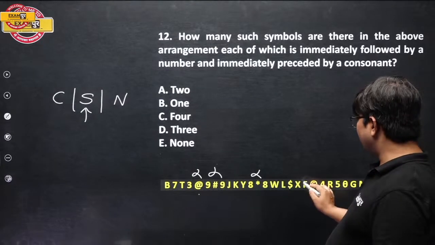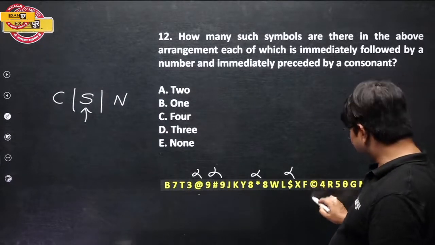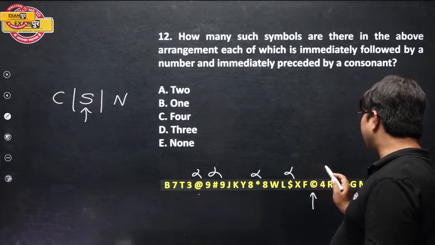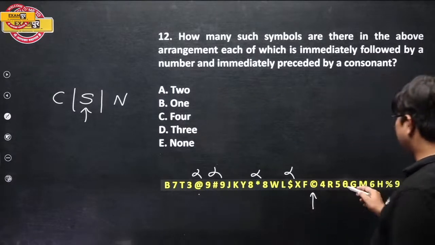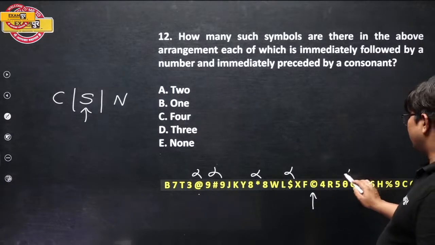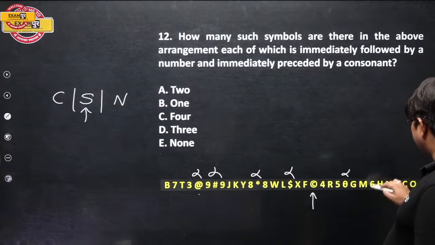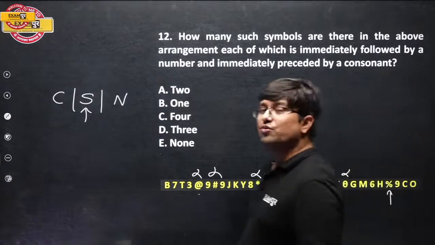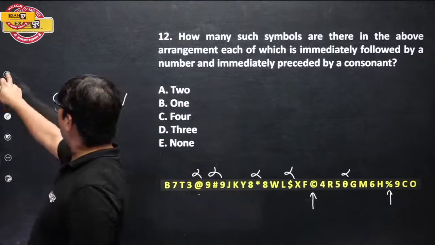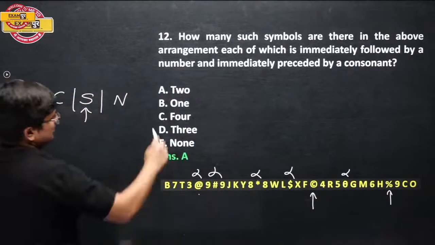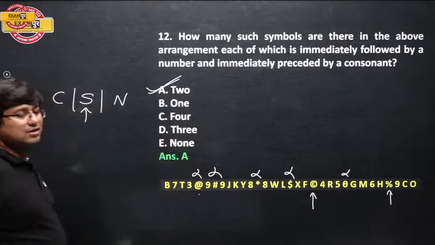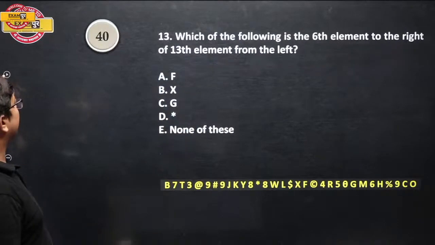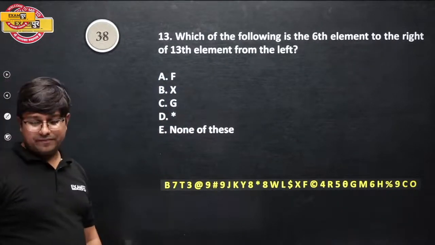Yes. But followed by number? No. Symbol immediately preceded by consonant? Yes. Followed by number? Yes. Symbol immediately preceded by consonant? No. Symbol immediately preceded by consonant? Yes. Immediately followed by number? Yes. So there are 2 such instances over here. The answer is option number A, that is 2. Okay. Now the next one. Hurry up.